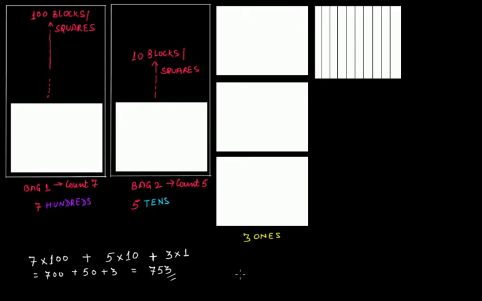Now if someone asks you that till now you had 753 squares, and now you have this again, but in this case, if you are given only this first portion, what number will it be? Since this block or square has been divided into 10 equal parts, and we are talking about only this particular portion, it's similar to what we had discussed in the line segment.